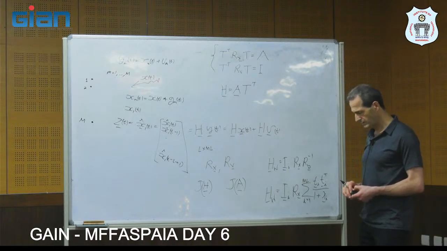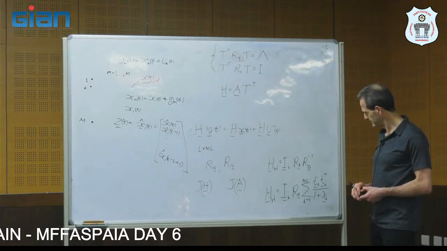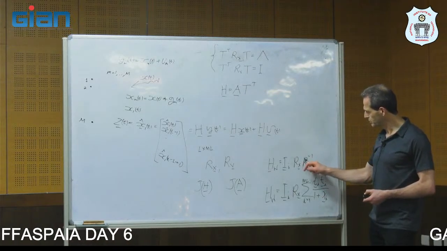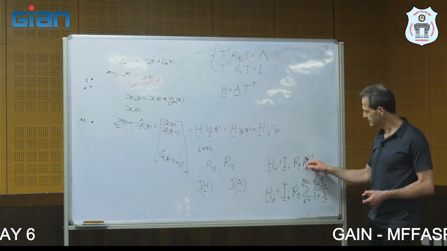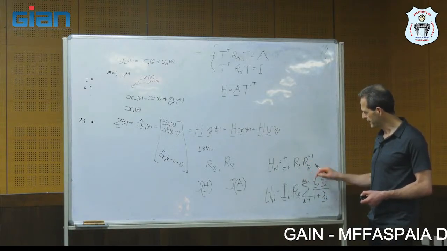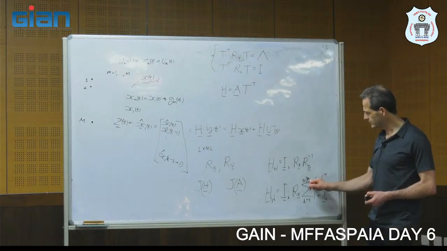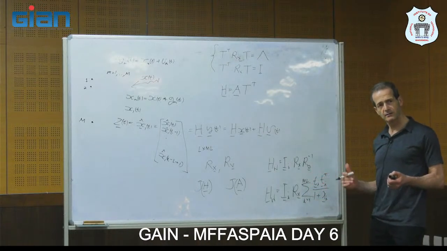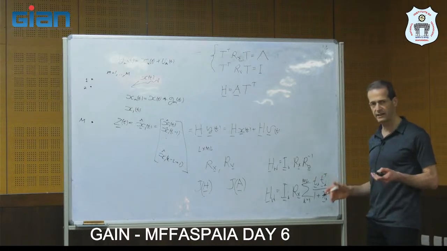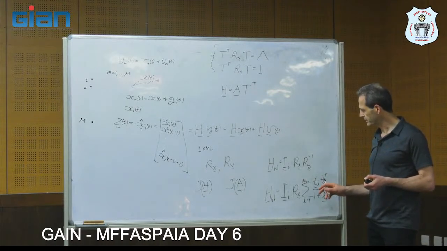Another nice thing is that we don't need to compute the inverse of a large matrix. You see, this matrix is ML by ML. Sometimes this is helpful because it saves computational complexity.